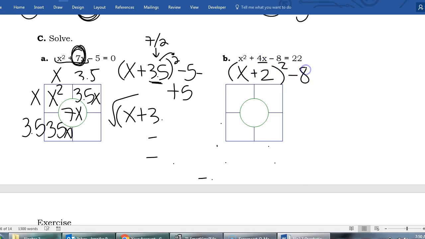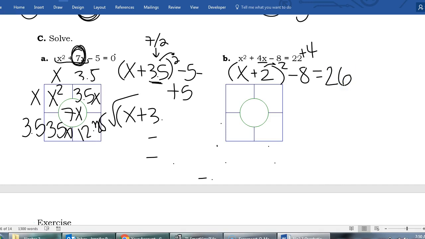Keep the minus 8. And then we're going to take this number and we're going to square it. Here we just had a 0, so we put in the 12.25 at the end. Here, because I already have a number there, I'm going to add it to the number that's already there. So 2 times 2 is 4. 22 plus 4 gives me the 26.